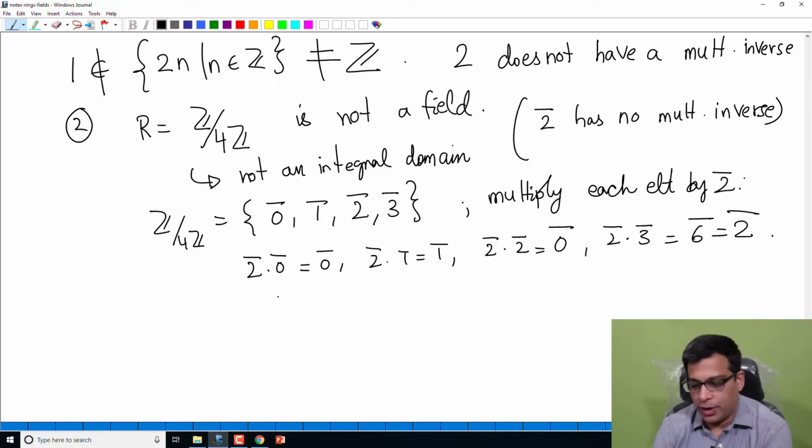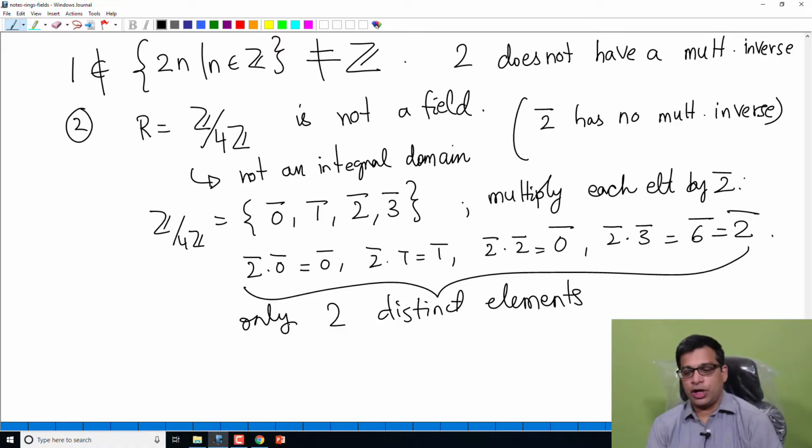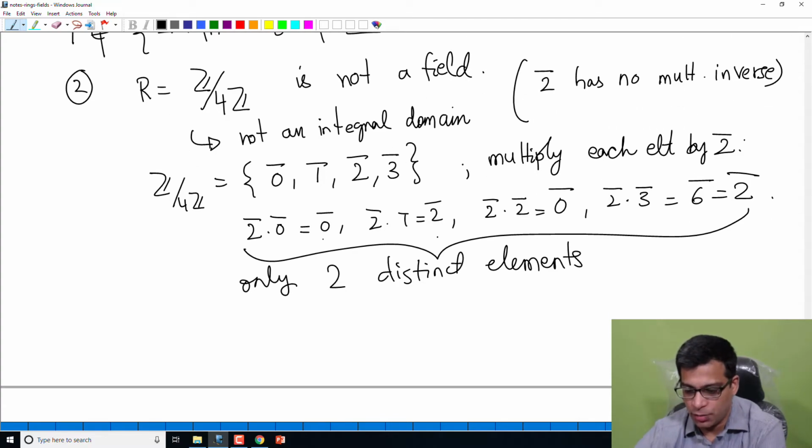So after multiplying by 2, we have only 2 distinct elements, not 4 distinct elements. Earlier, in the case of finite integral domains, when you multiply by a non-zero element, you get all the ring elements. Here you don't get all the ring elements, you get only 0 bar and 2 bar. So 1 bar is not one of these products, so 2 bar has no multiplicative inverse.